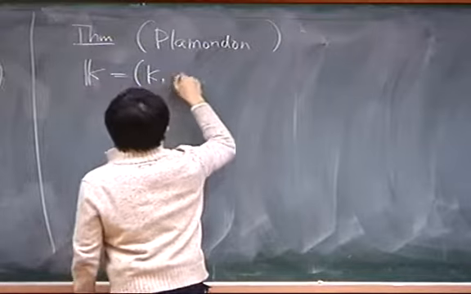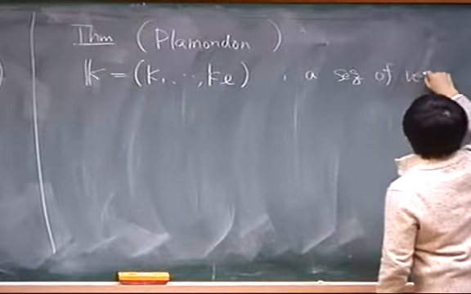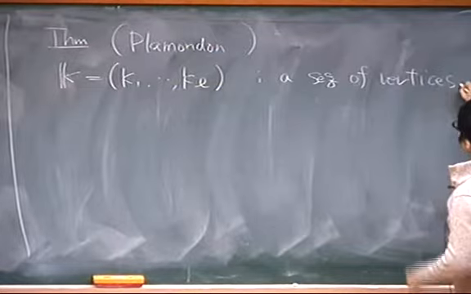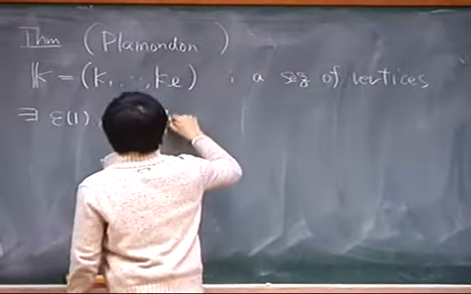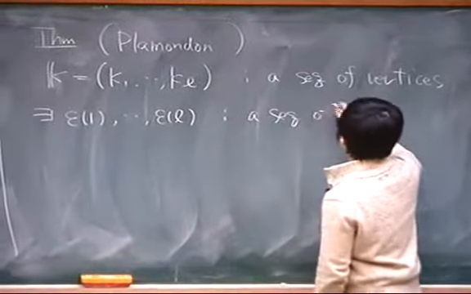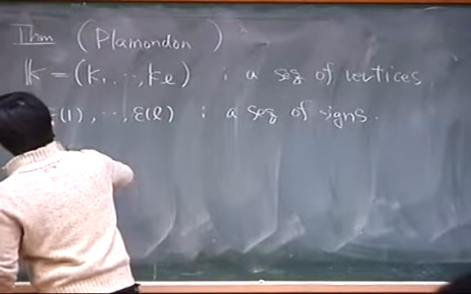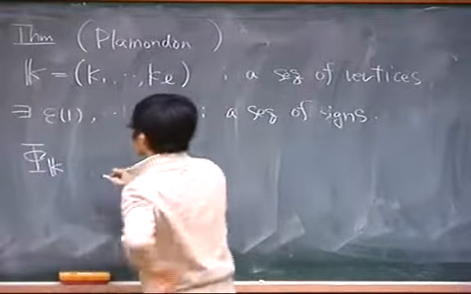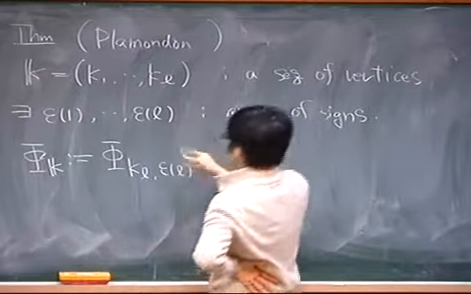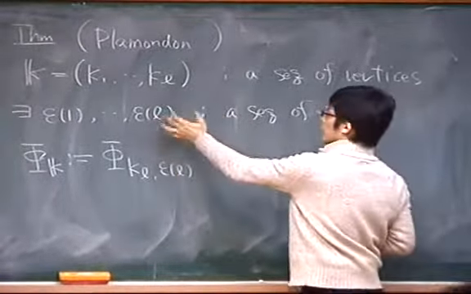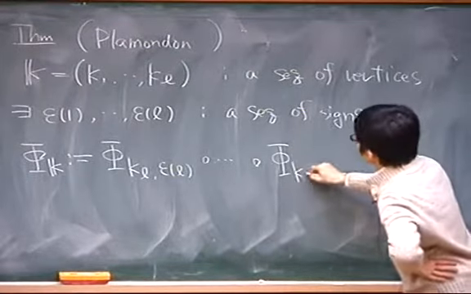Given a sequence of integers, a sequence of vertices, then we have a sequence of signs such that the composition of these derived equivalences, so actually these signs epsilon 1, epsilon 2, up to epsilon L determine which derived equivalence we will use.